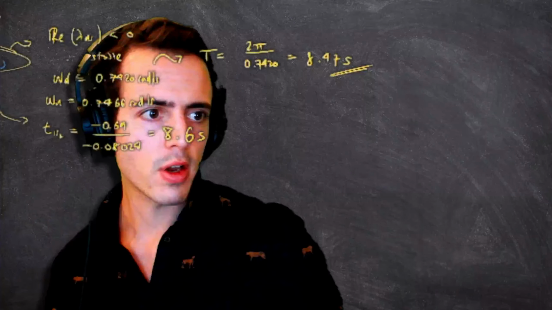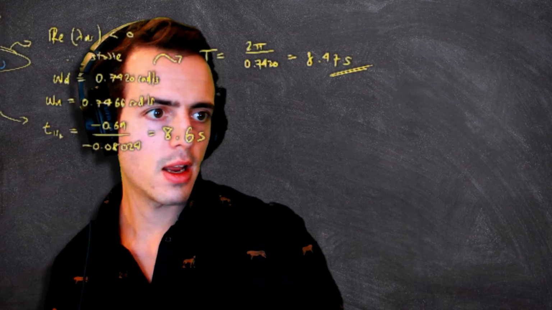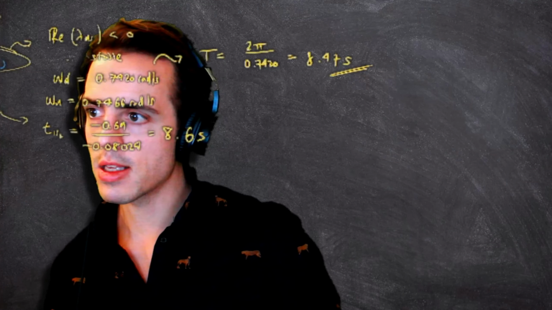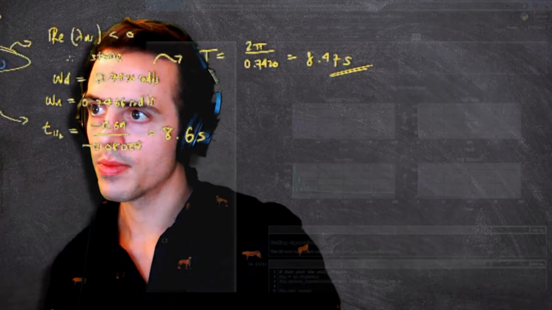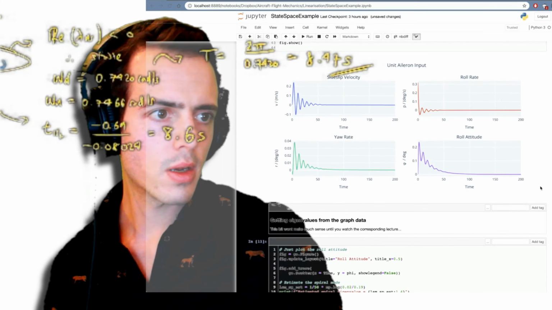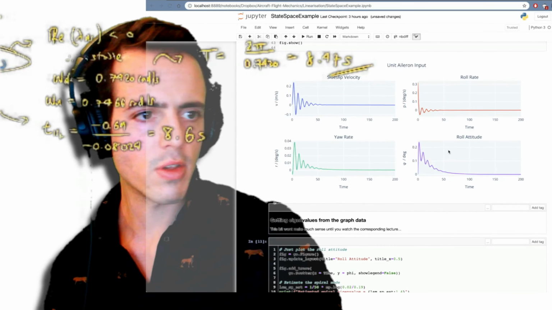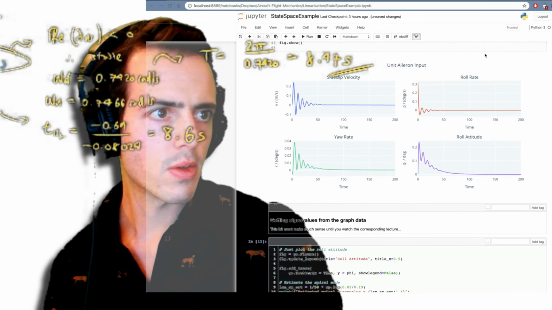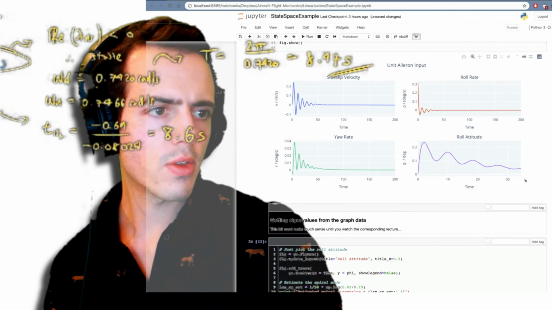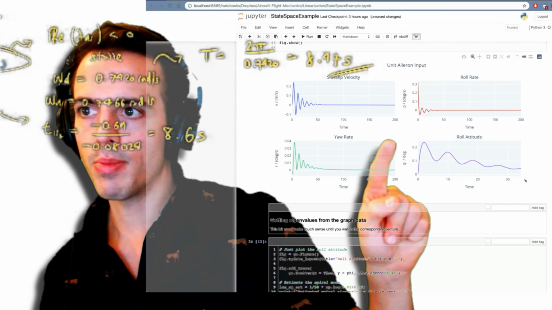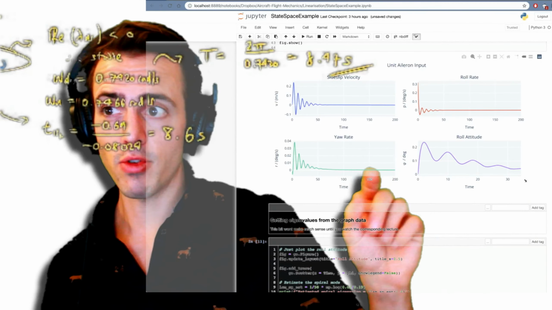So let's have a look at the plots that we have for the aircraft. Let's bring one of these up. Let's have a look at this one here, which is the roll attitude. I'm going to zoom in over here. We've got both the spiral and the roll mode in the very beginning.